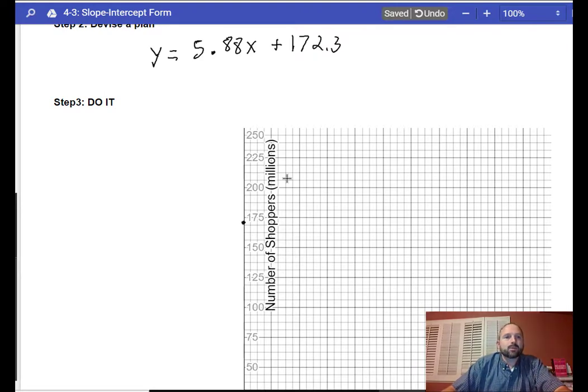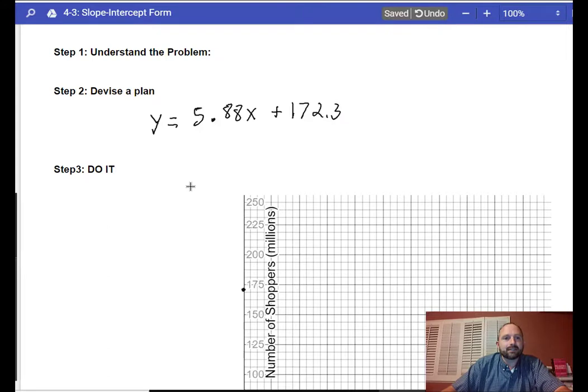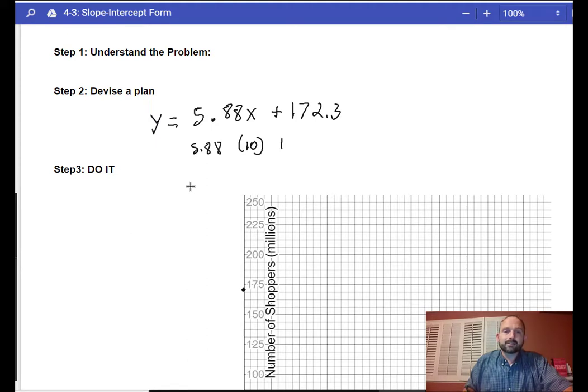So what we're going to do is we're going to plug in the information and go from there. Like at the moment, these aren't nice, easily graphable numbers. So we'd probably have to just bite the bullet and do the work. So they want after 10 years. Basically, if we plugged in 10 for x, we're going to get an answer.